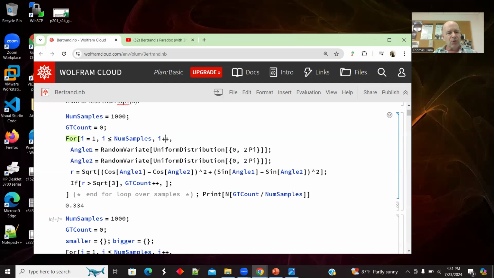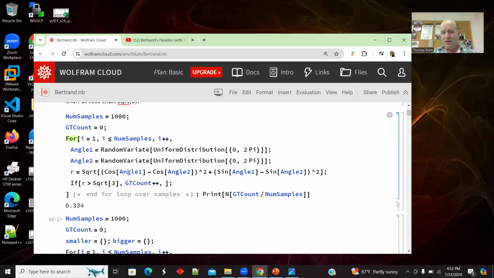I'm going to have a uniform distribution from 0 to 2 pi and pick a random number from that. So with a uniform distribution random variate, I pick 2 angles, angle 1 and angle 2. Then for the x down below, I started using the notation x1, y1, x2, y2, but here I did not.